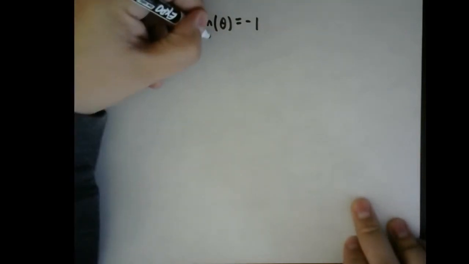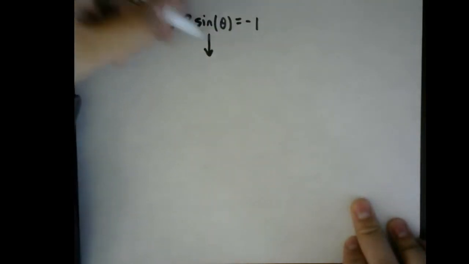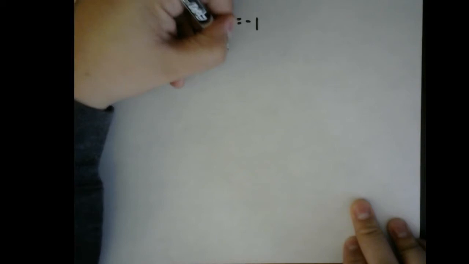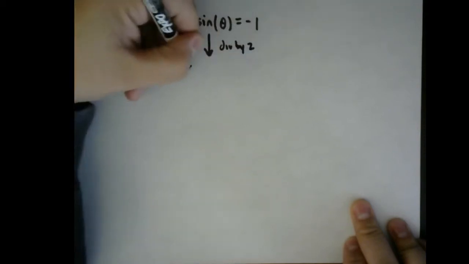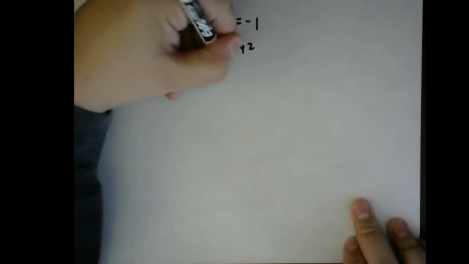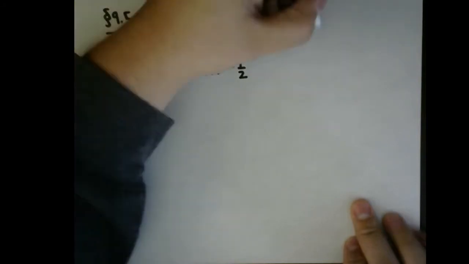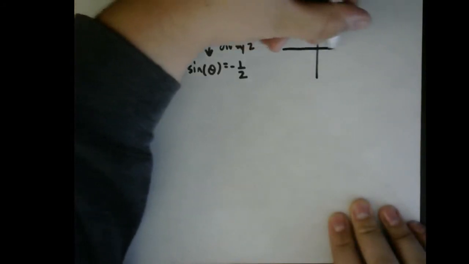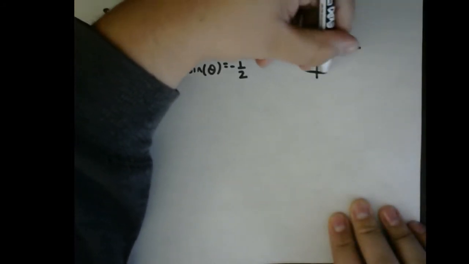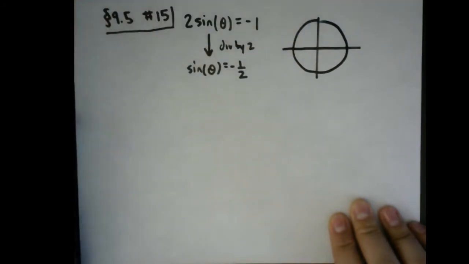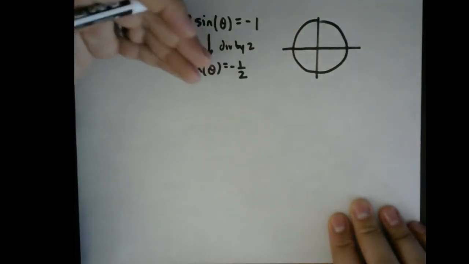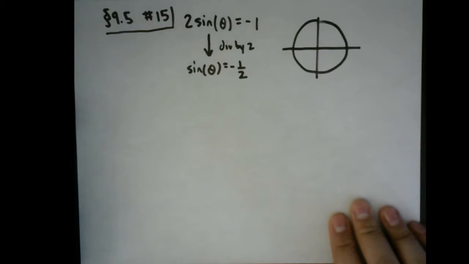So within one rotation, what do I do? Again, I'm going to solve for sine theta, so I'm going to divide by 2. And I'll get sine theta is -1/2. And so if I look at my unit circle again, I'm looking for places where the sine is -1/2.